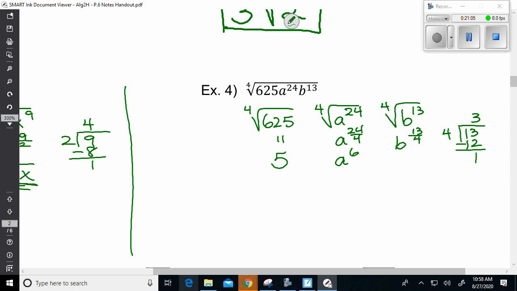So for the b's, you have b to the 3rd outside, and 1 b sitting inside, because it was a fourth root. So that doesn't disappear. If it started as a fourth root, it's forever a fourth root.